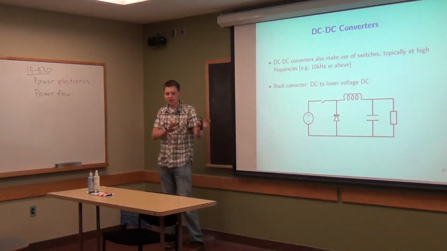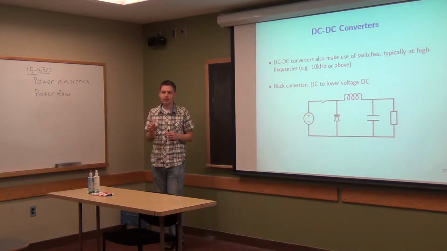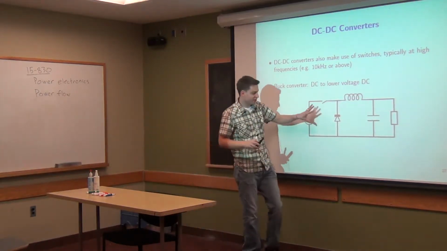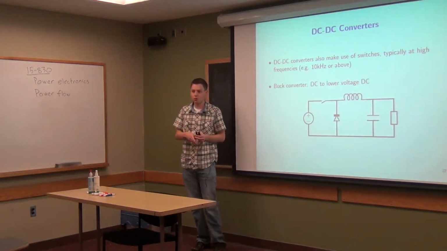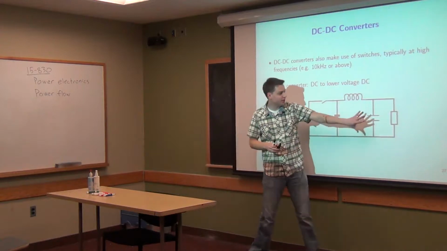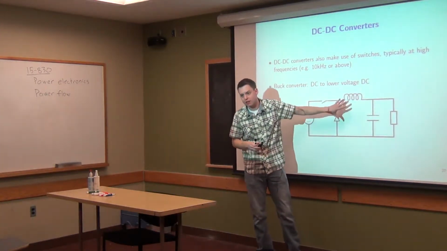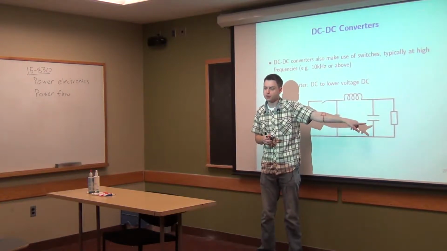We won't get into the details. It really is probably easiest to see exactly why that relationship comes out if you do an analysis of what the average voltage has to be in order to keep everything in balance according to the equations of the capacitor and the inductor.